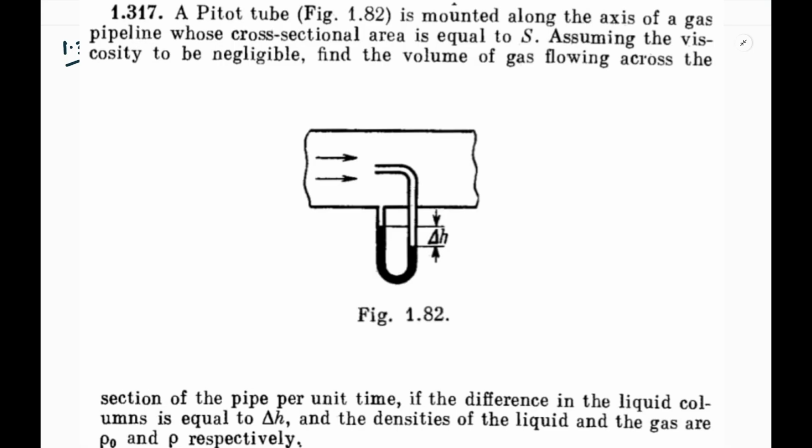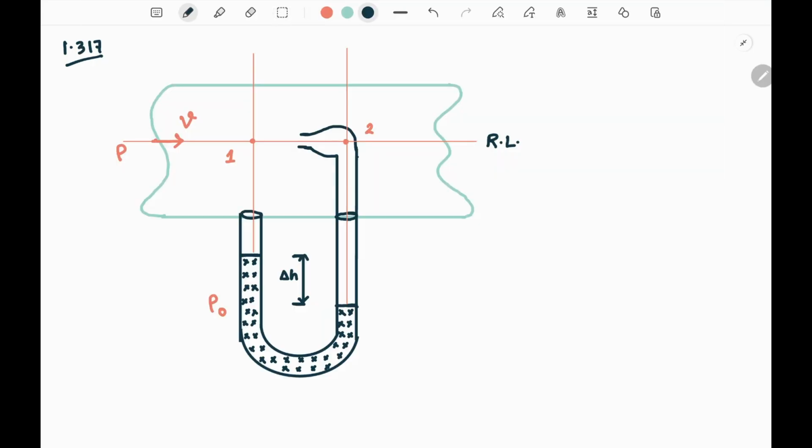So if we consider this problem from this diagrammatic aspect, then we are saying that the gas is flowing through this pipeline, passes this point 1, then hits the pitot tube over here at point 2. The first thing that we say is, as the gas comes in contact with the pitot tube at point 2, it will come to a momentary halt, that is V2 equals 0.